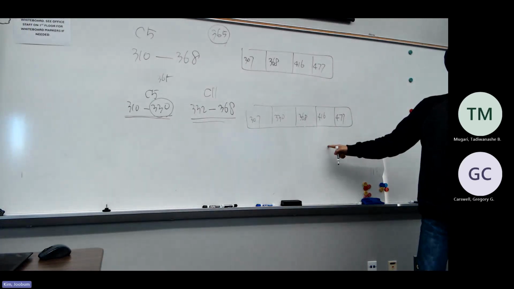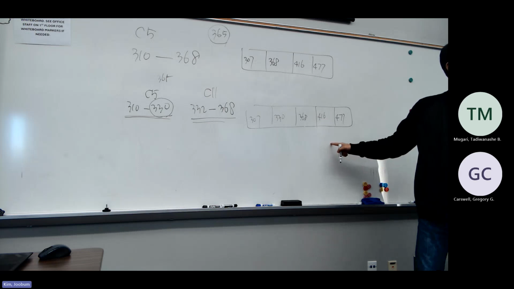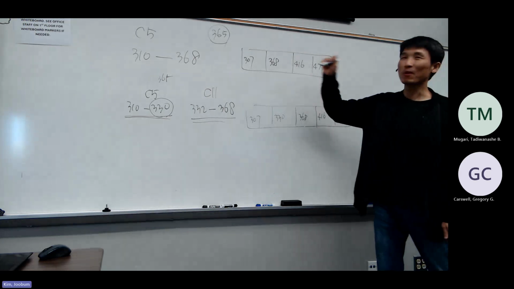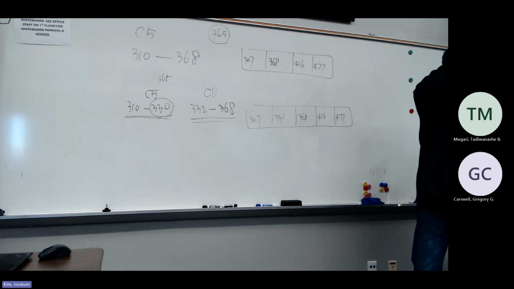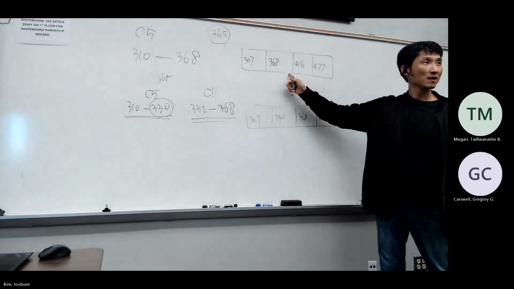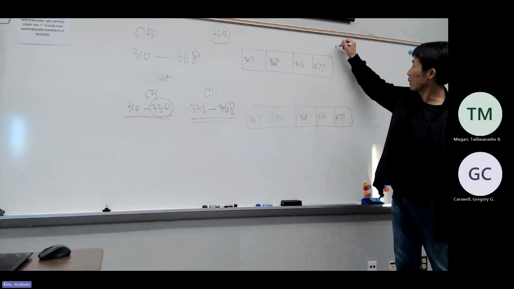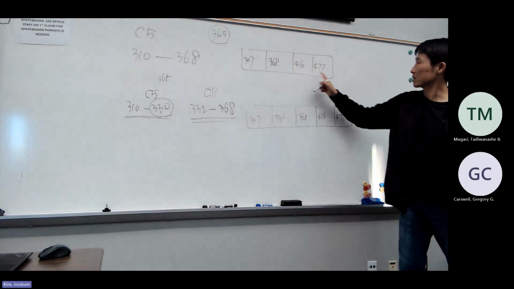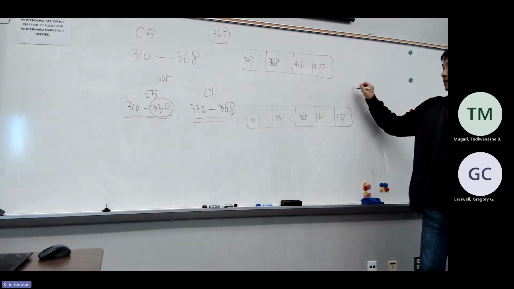Make sense? Really? Each node can have up to 4 key-value pairs. It's already full with 4 elements, but it's 5. It cannot.